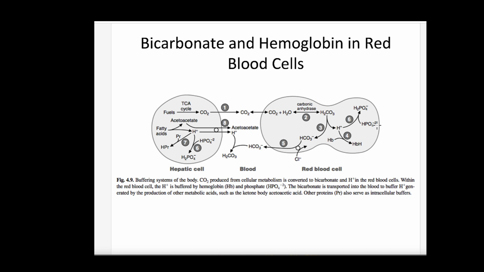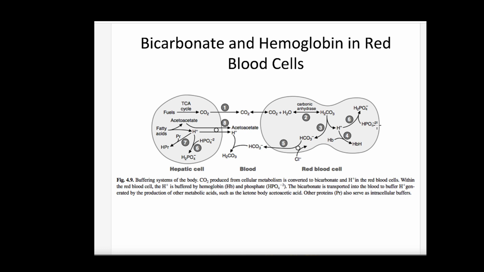So phosphate anions play a major role as an intracellular buffer in the red blood cell and in other cells as well, where their concentration is much higher than in the blood and the interstitial fluid. And this is what you're seeing happening in this diagram here.